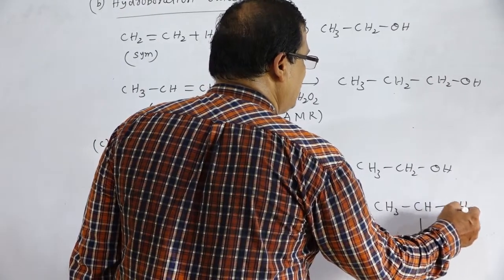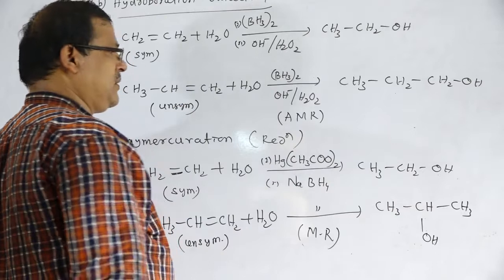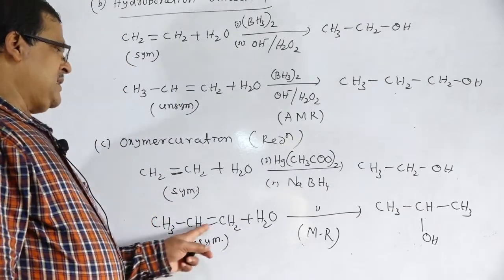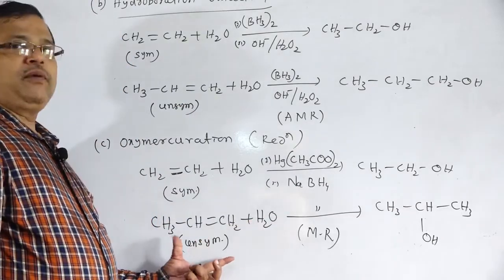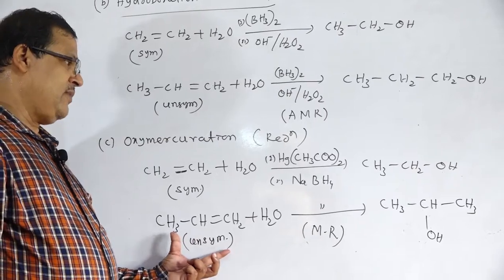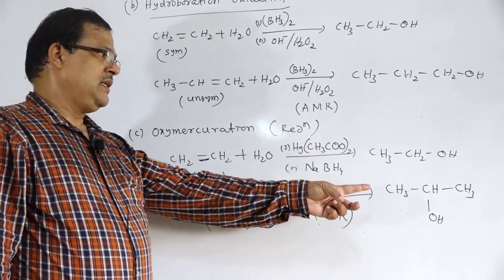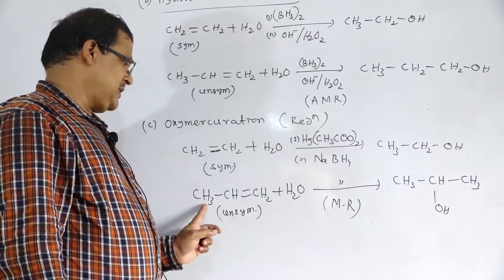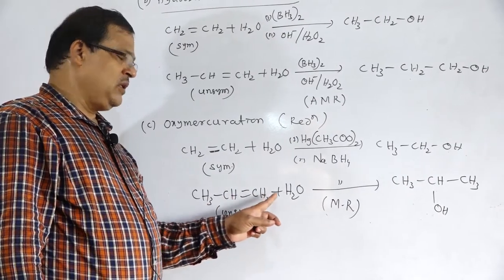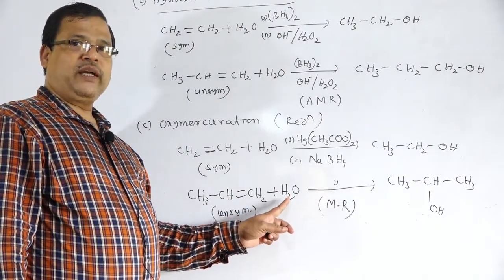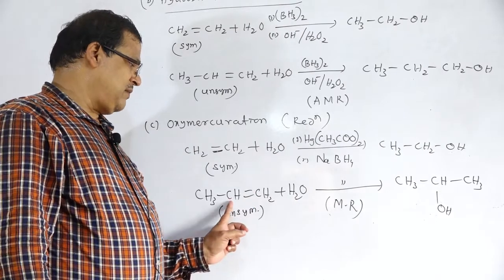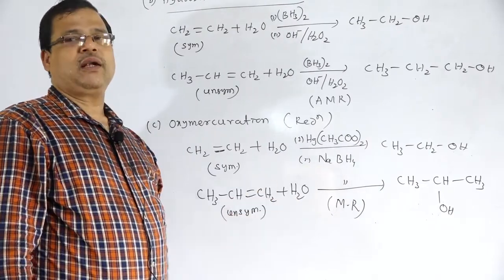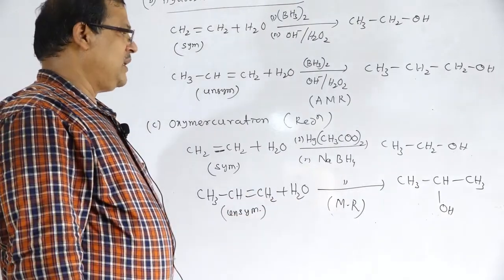This is a secondary alcohol. If you take an unsymmetrical alkene CH3-CH=CH2 with water, the OH minus will be added to that carbon atom which contains less number of hydrogen atoms, that is Markovnikov's rule.